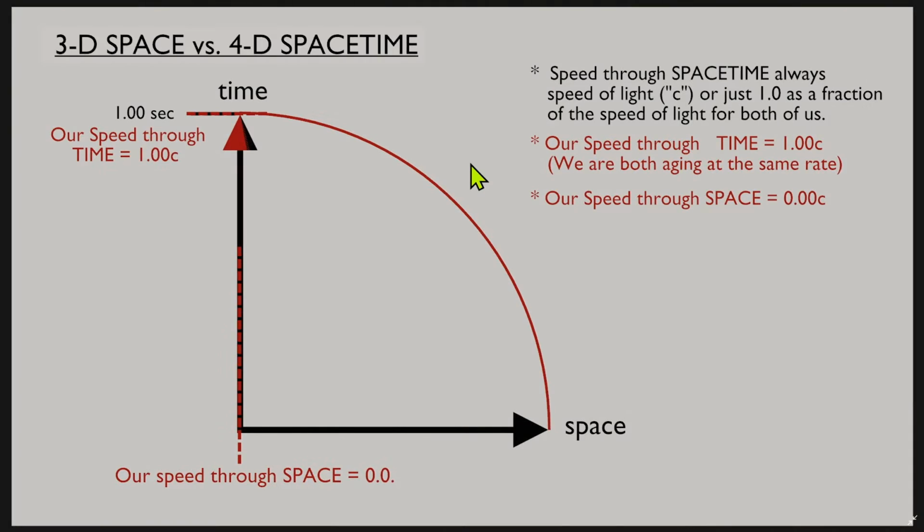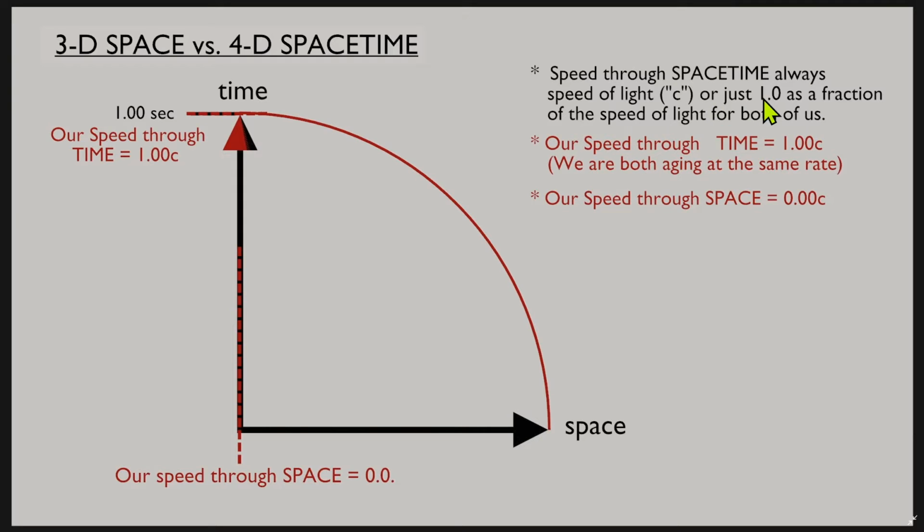So, let's start out by taking a real simple example here. We have our graph again, and remember, this represents 3 dimensions of space, and this represents 1 dimension of time, and together they make space-time. Our speed, you and me, and everything else, is moving through space-time at the speed of light.